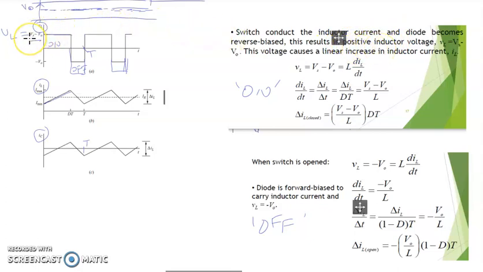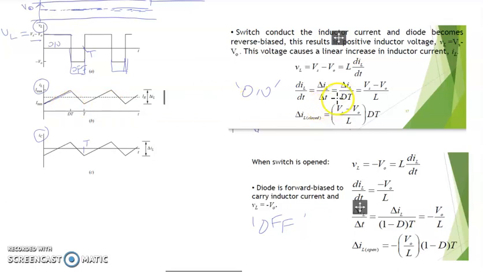We have VL equal to Vs minus V out. It causes a linear increase in inductor current. The current will increase gradually up to the duty cycle period. Then when you switch off, it will go down to the initial level.